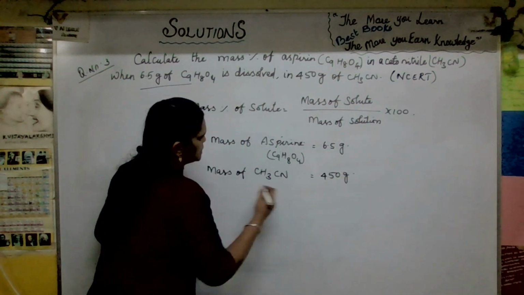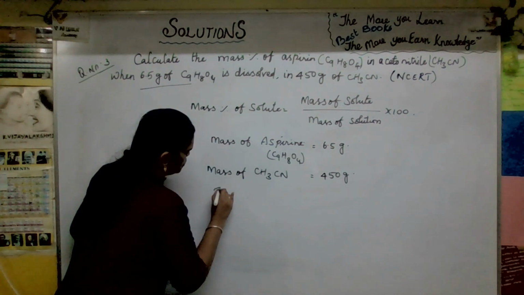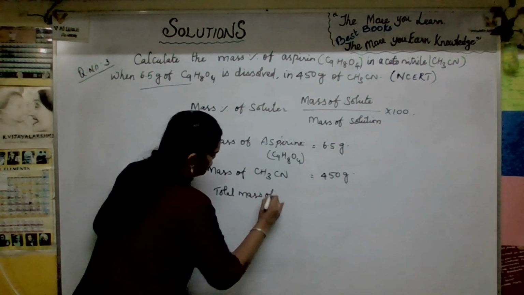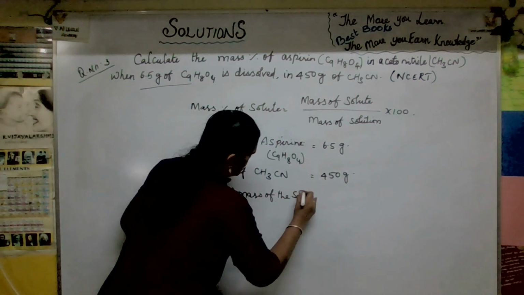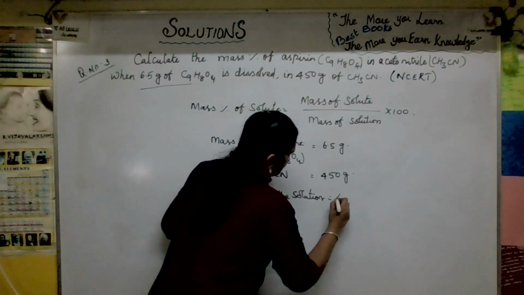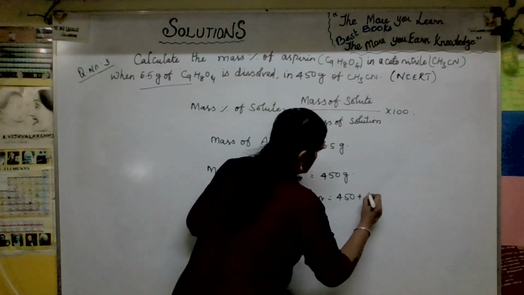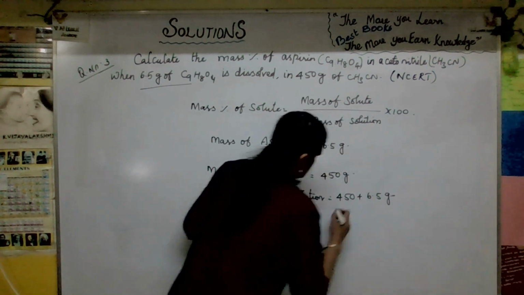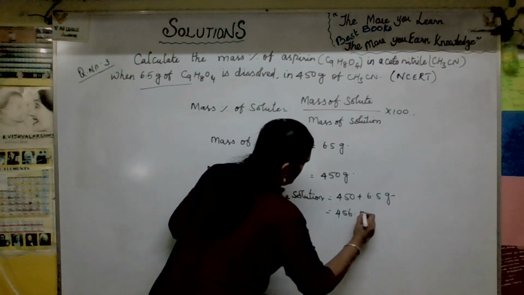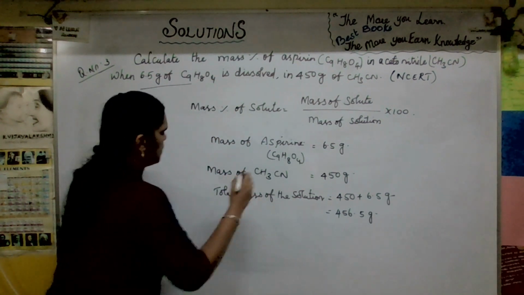So total mass of the solution is equal to 450 plus 6.5 gram. So together 456.5 gram.